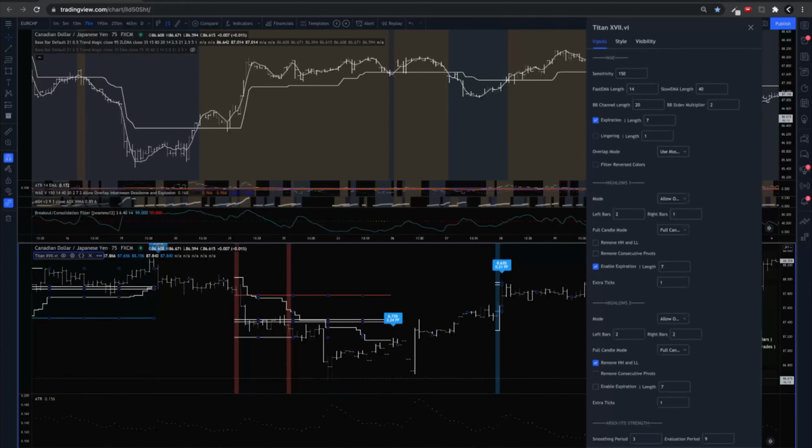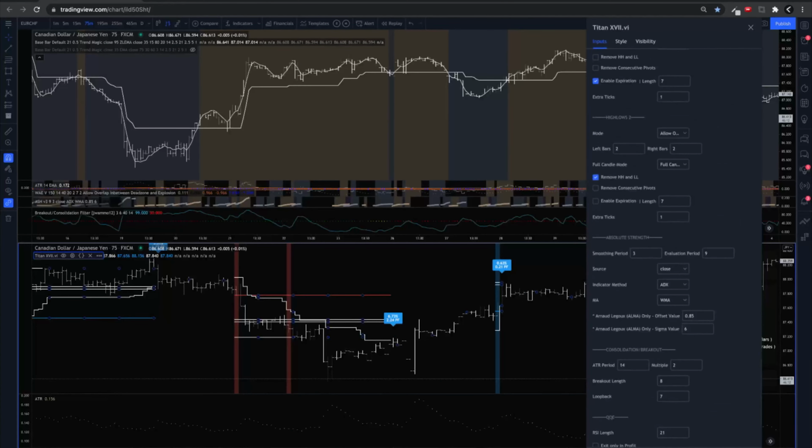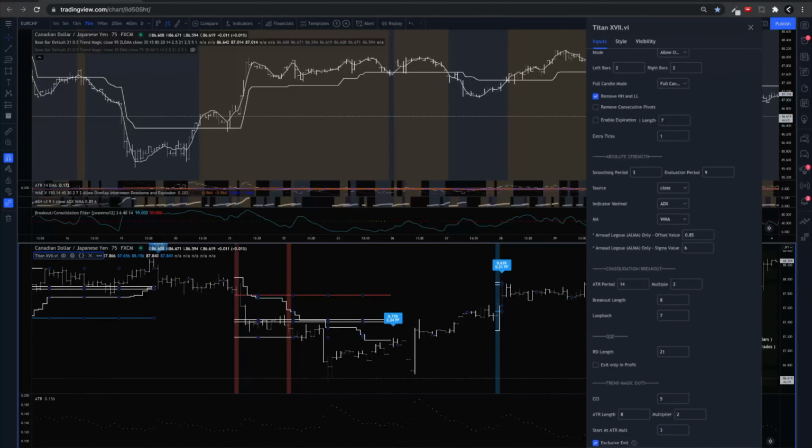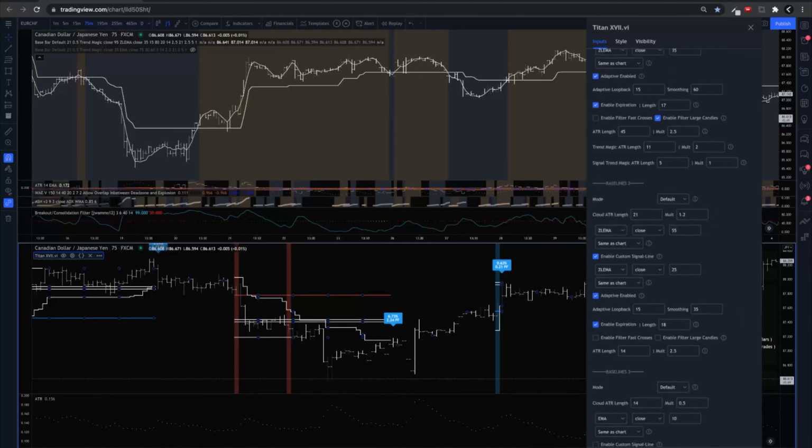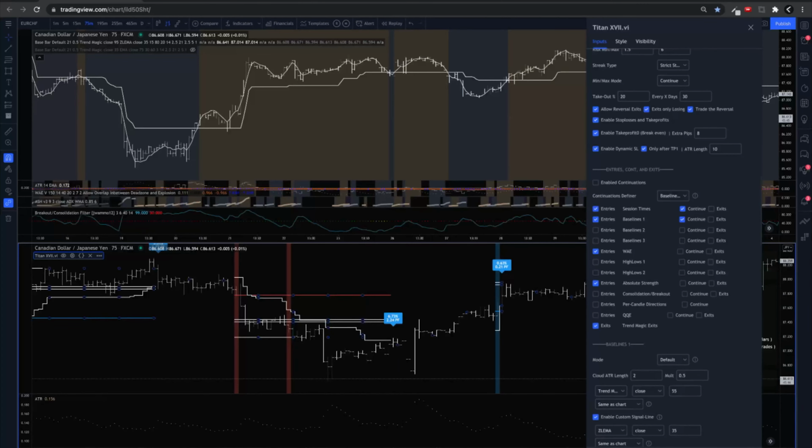The consolidation filter does a good job sometimes, and other times I have to really get my settings right. So my look back is 40, and breakout length is 6, and my multiple is 3. So now I can turn it on. Where is it? There it is. Consolidation, and we'll see if this helps.